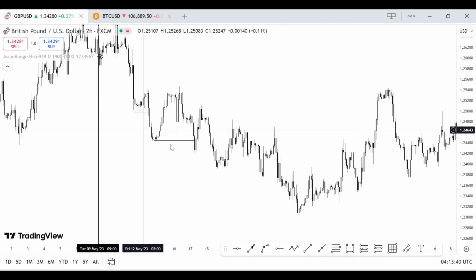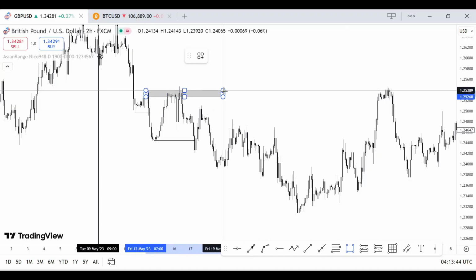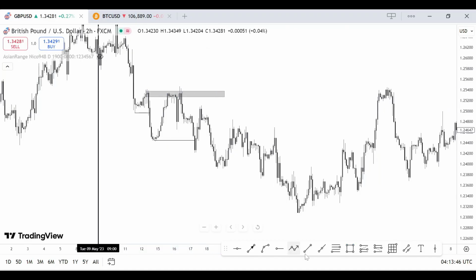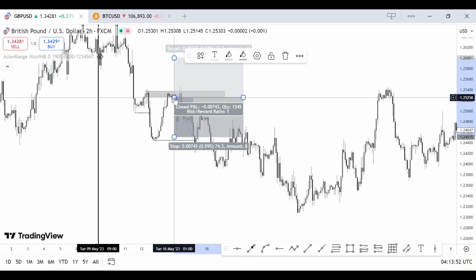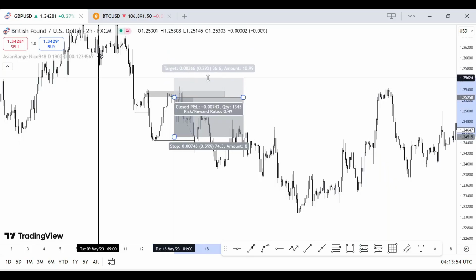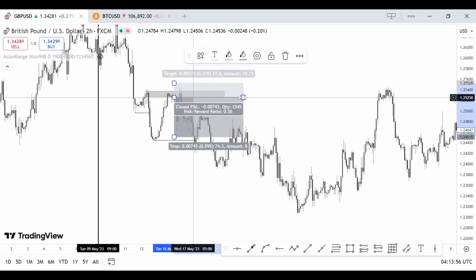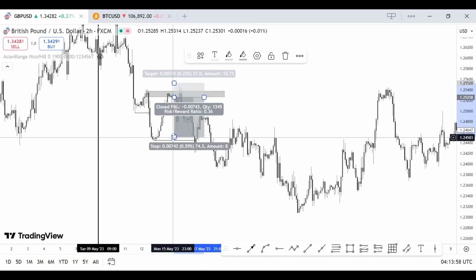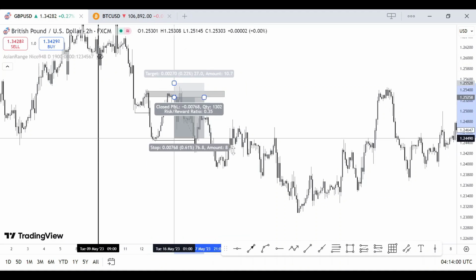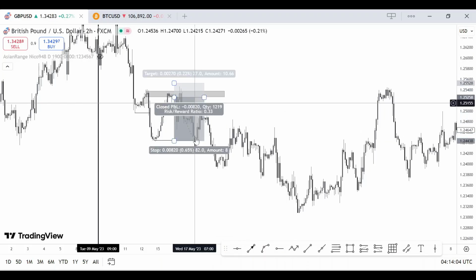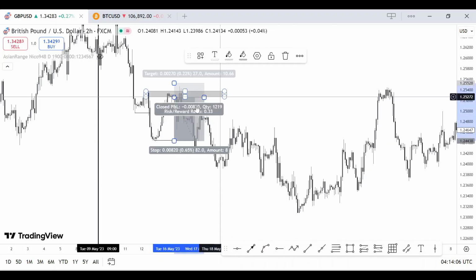In this case, you use this demand zone, you set a limit here, set your stop loss, target your next low, boom, TP hit.